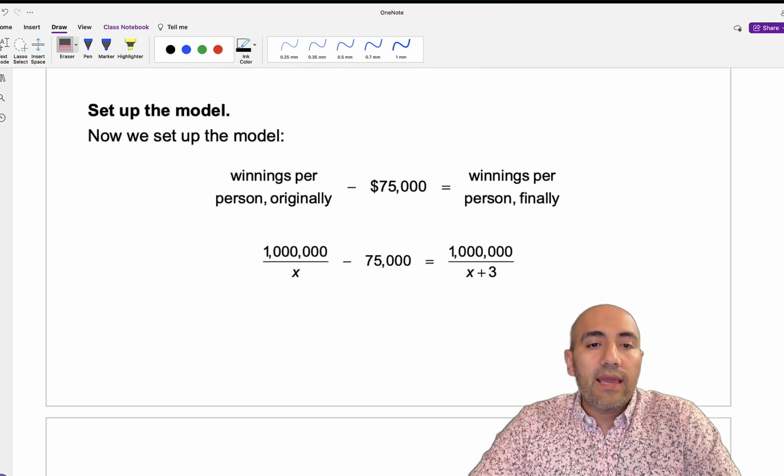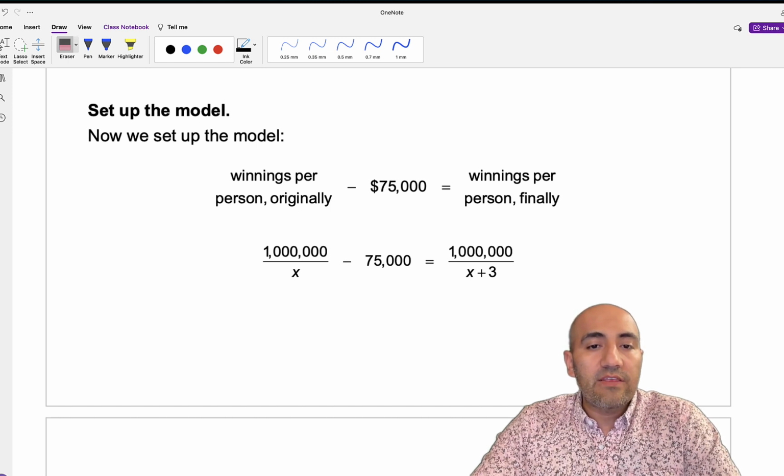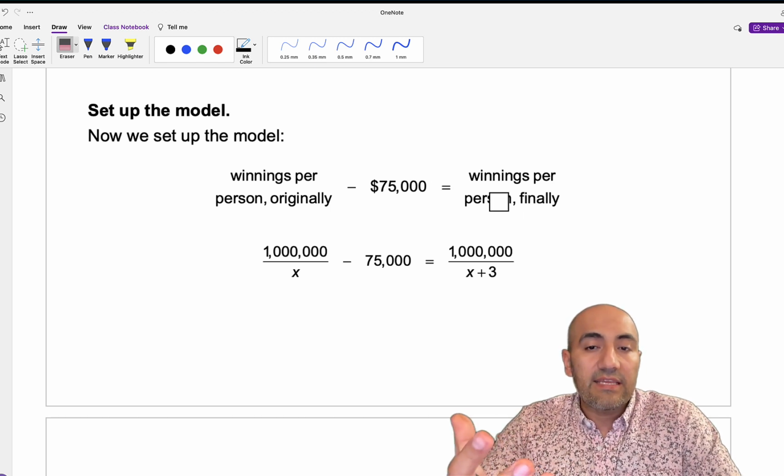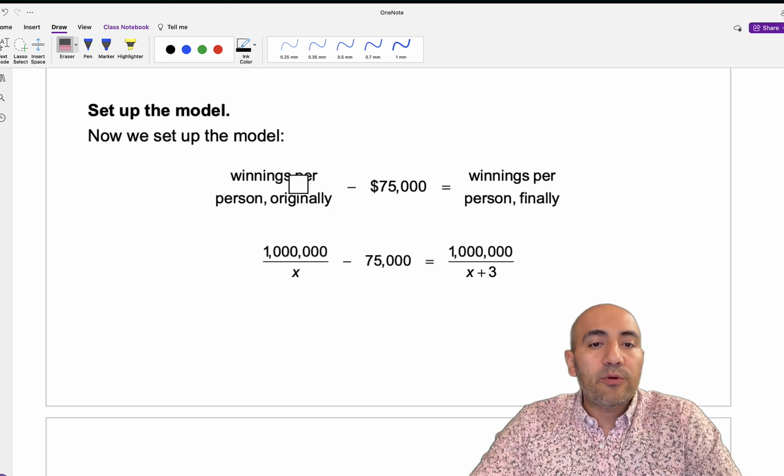So we know that the amount of money that the originals were going to win is decreased by 75,000. So the amount of money the originals were going to win minus 75,000 equals the amount of winnings per person that they finally ended up getting. Good. Okay, so the winnings per person originally, well, that's 1 million divided by x, minus 75,000, equals the final ones, and that's 1 million divided by x plus 3.